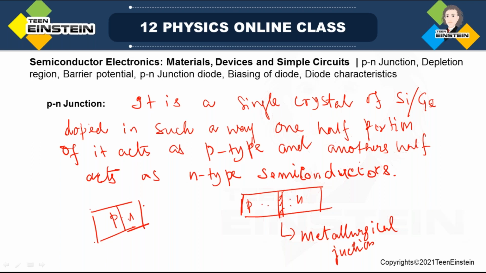There will be a potential here, and by varying that potential, the conduction of charge, the flow of current, can be controlled just by manipulating this junction region.